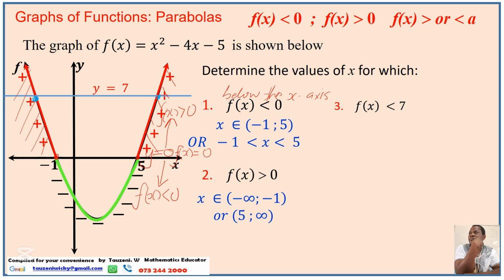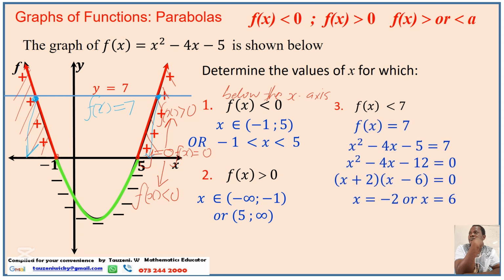So for you to answer the question, you need to know what is the corresponding value at the bottom here for this point, and what is the corresponding value here for this point. To do that, we equate f of x to 7 and then work out the resulting equation. So f of x is equal to 7. It's a quadratic equation. We get two values, minus 2 and 6 in my case.